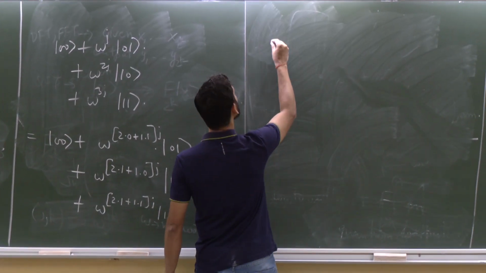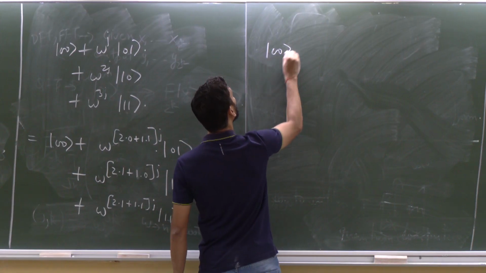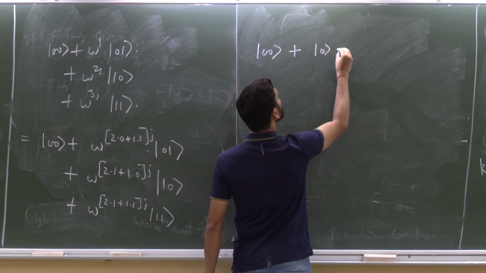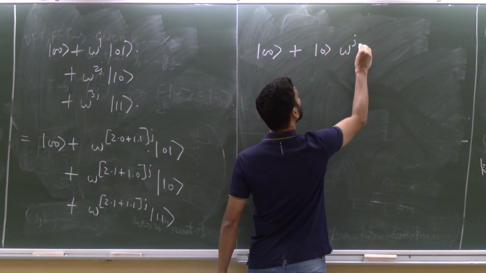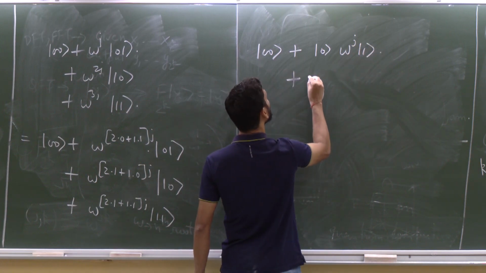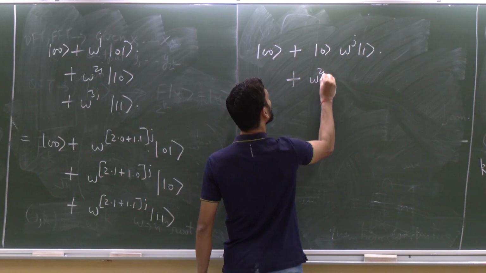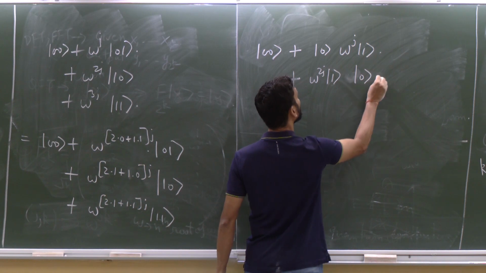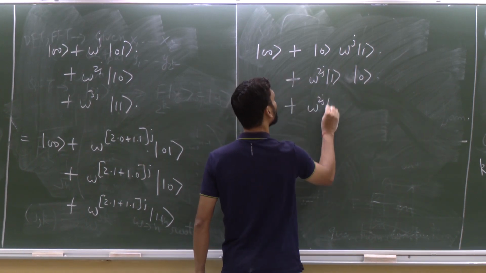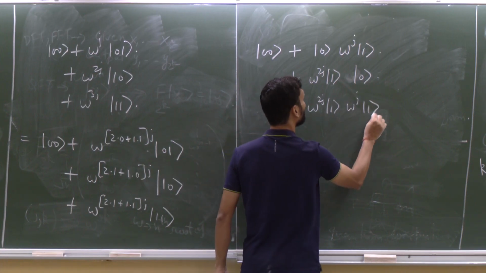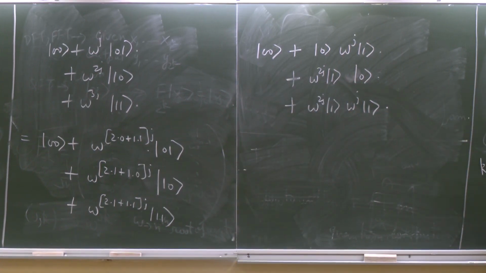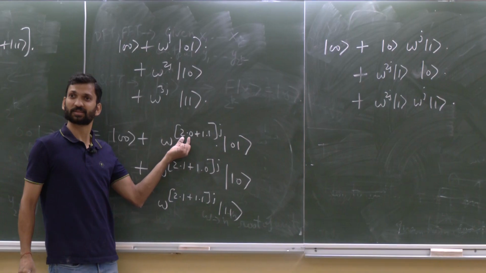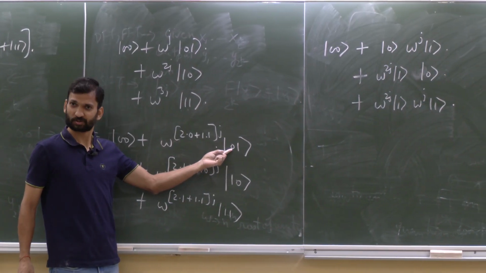So what we get is 0, 0, this part of the phase is coming because of this 0.